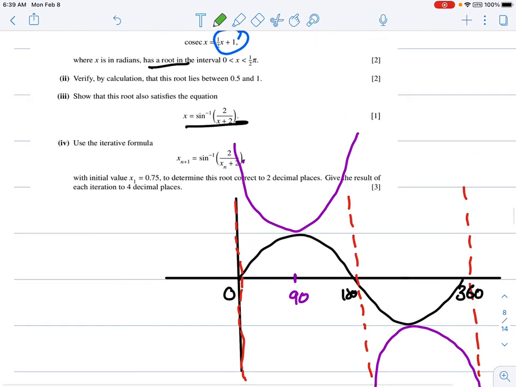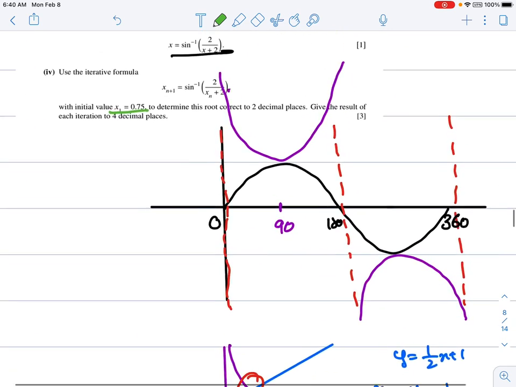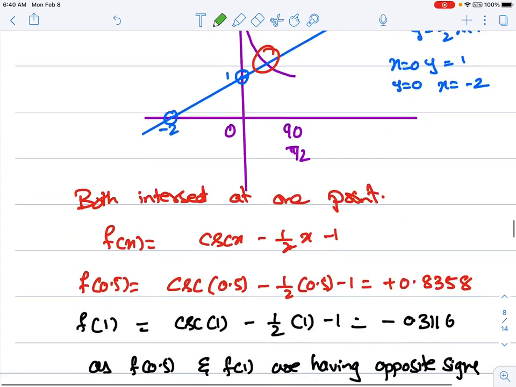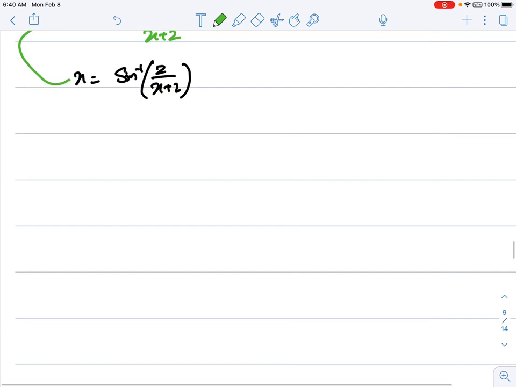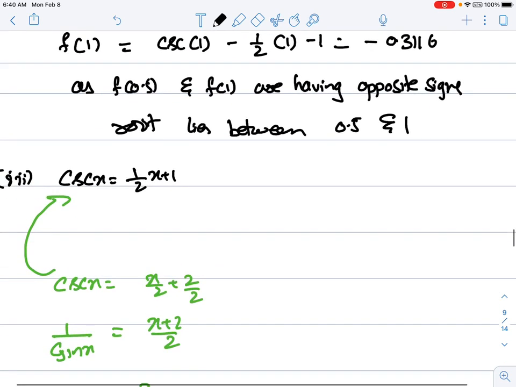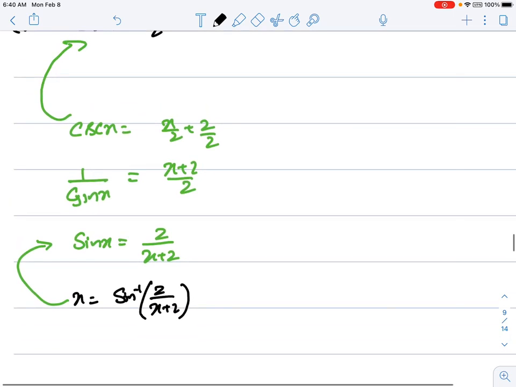Next it is asking to use the iterative formula, taking the initial value x1 as 0.75: xn plus 1 is equal to sine inverse 2 by xn plus 2. So let us start. Let me clean up this one and create space for this part.